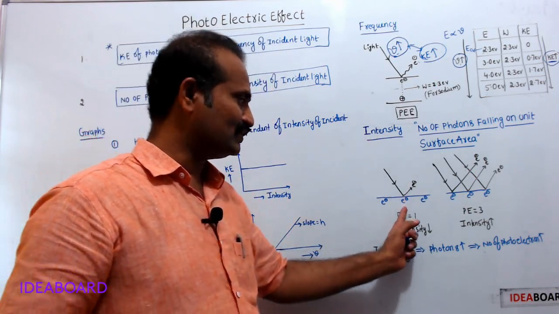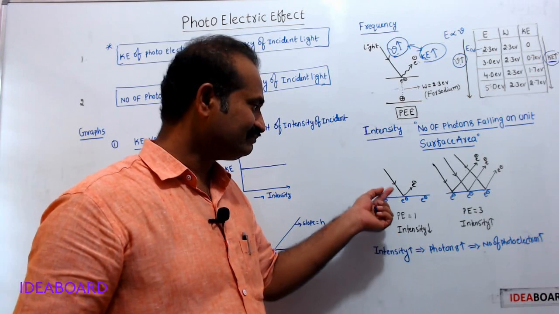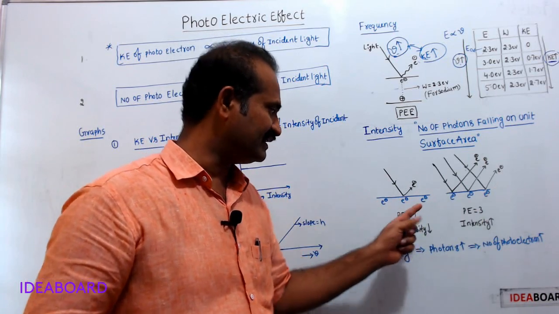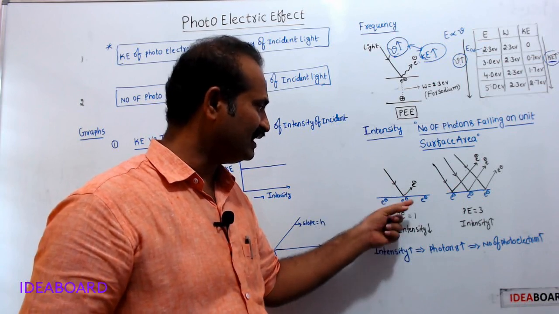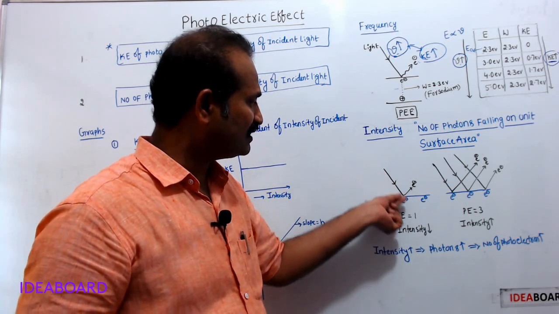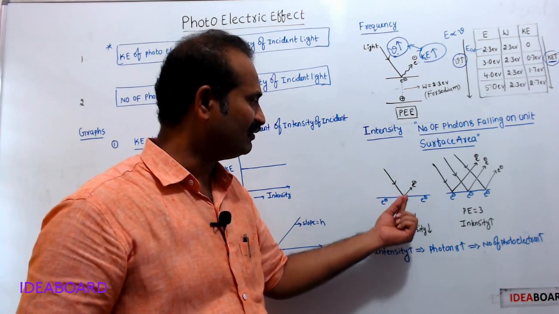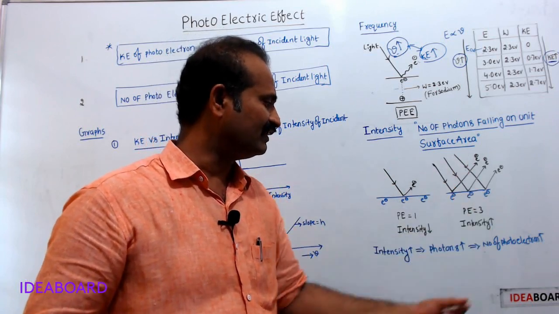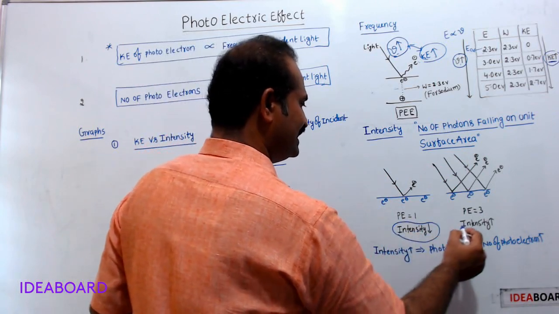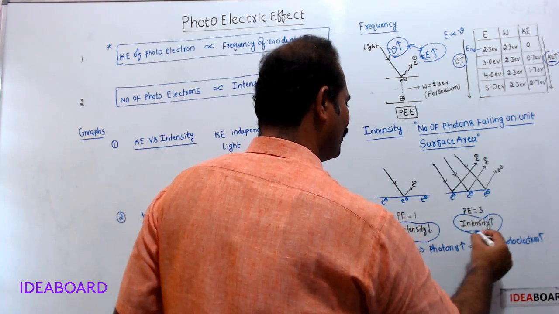Okay, observe these two diagrams. Here, this is unit surface area, and here also the same unit surface area. Over this unit surface area, how many photons, how many light rays are falling? Here 1, here 3 are falling. Therefore, in the first case intensity is less, and in the second case intensity is more.